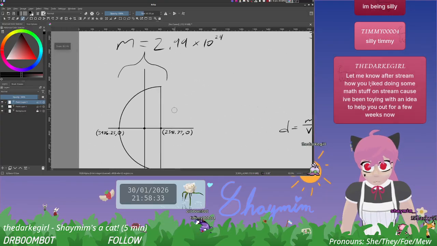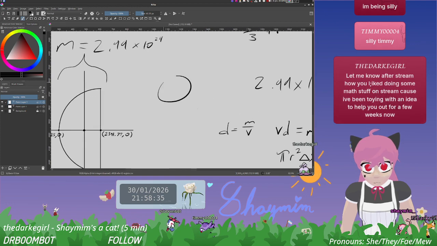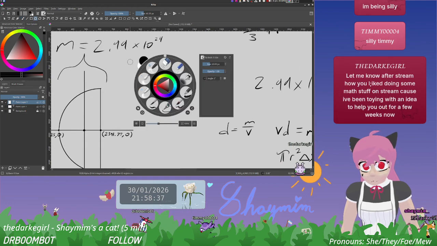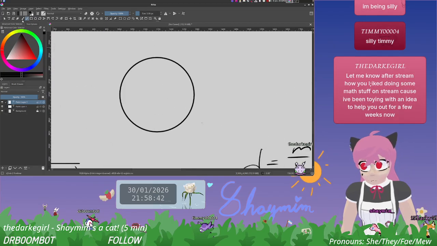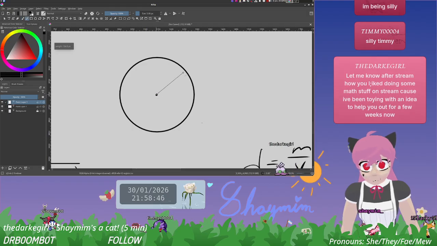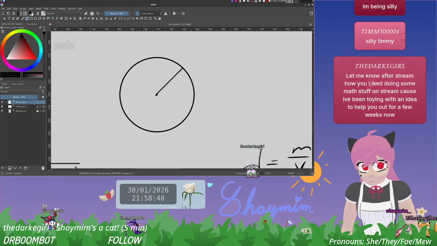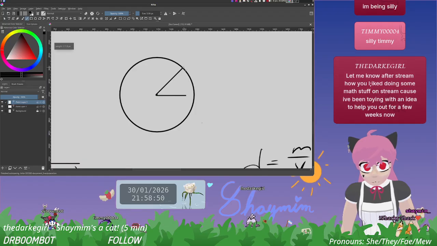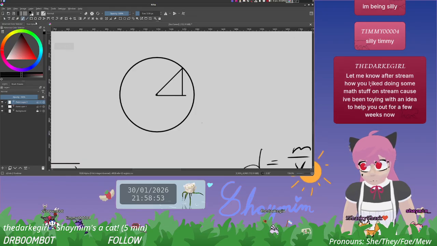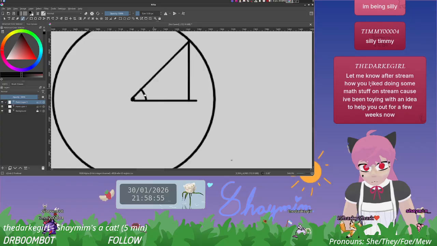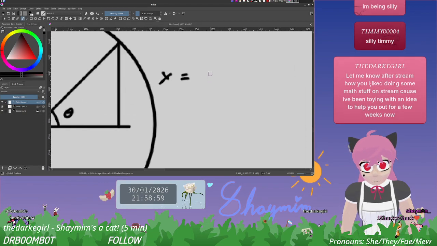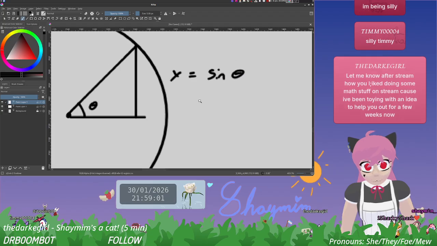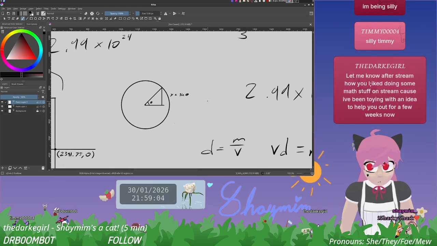Oh, I know. So look, if you have your circle, right, you have your point here. Then if you go just to an arbitrary radius like this, you can make yourself a right triangle. You can say that's theta, y equals sine of theta. Wonderful.